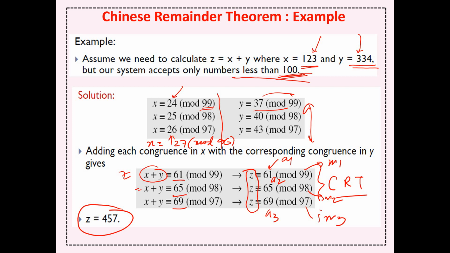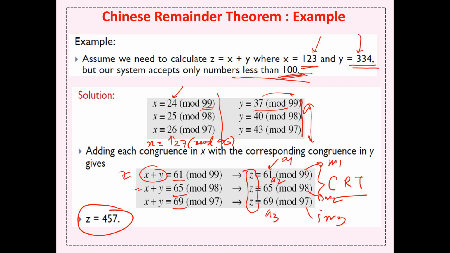All right. 99 into 3 plus 37. Yes, so it is satisfying, right? So basically they are arranging the equations to keep the base within 100.